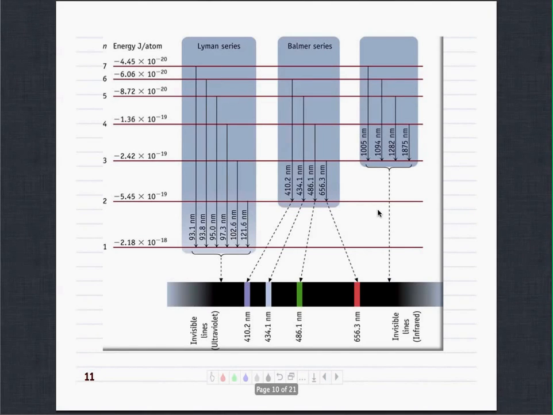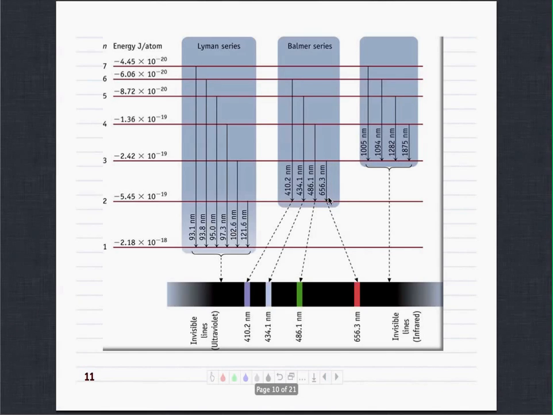As you can see, the blue one is when the electron comes back from n equal 6 to n equal 2. The other one, the slight blue, is when it goes back from n equal 5 to n equal 2. The green color is when it transits back from n equal 4 to n equal 2, and the red one is when it transits back from 3 to 2.